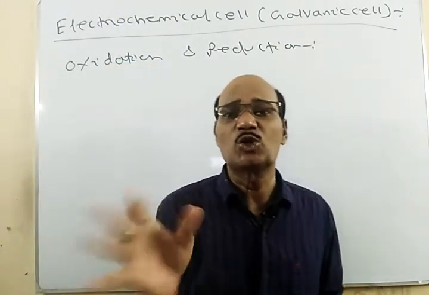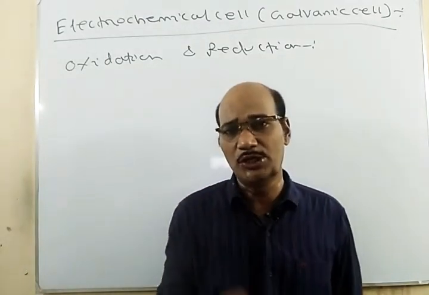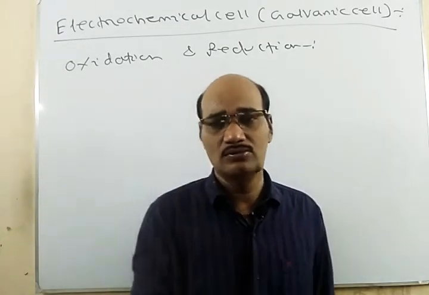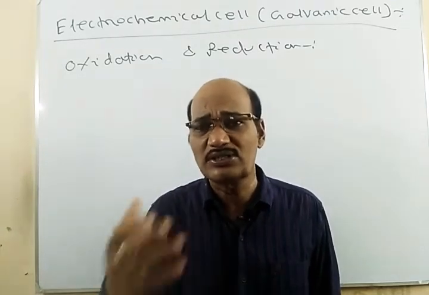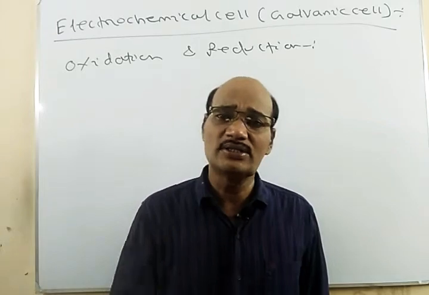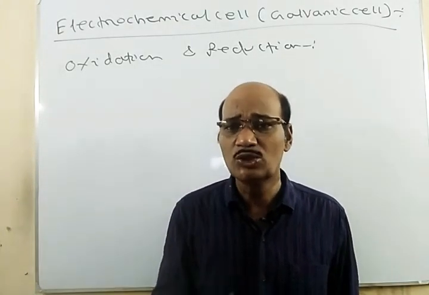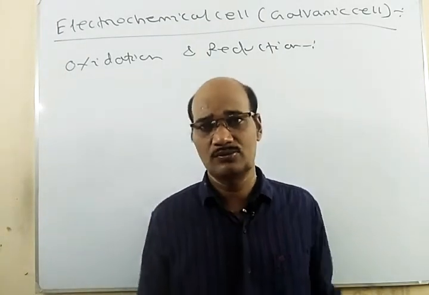The loss of electron is oxidation. In the electronic concept, the loss of electron is oxidation, and the gain of electron is reduction. So whenever a substance gains electron, reduction of the substance is said to take place, and whenever a substance loses electron, then oxidation of the substance is said to take place.